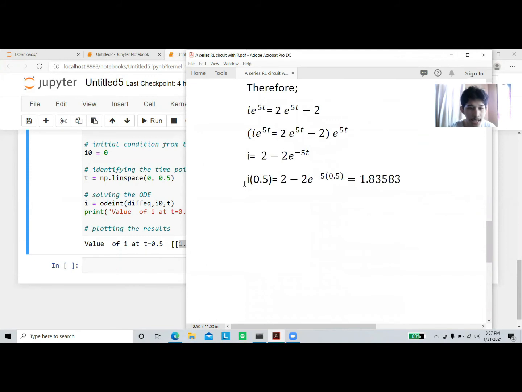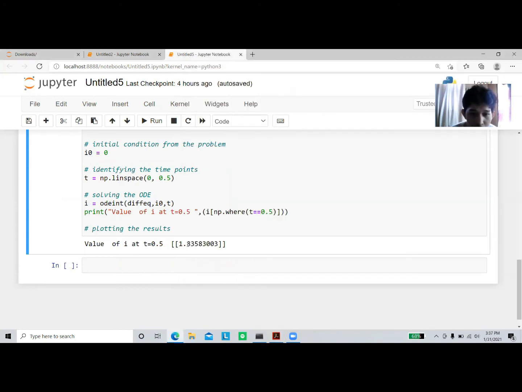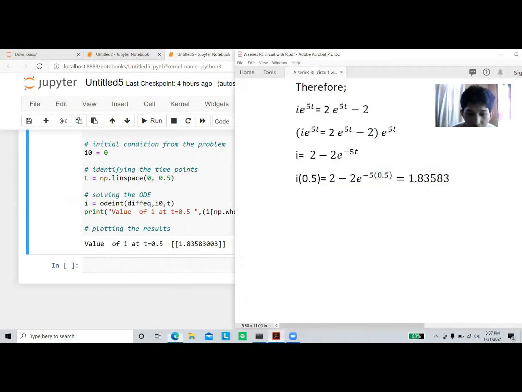The value of the current I at t equal to 0.5 is 1.83583. So they are the same except for a few significant digits, so the error is very minimal.